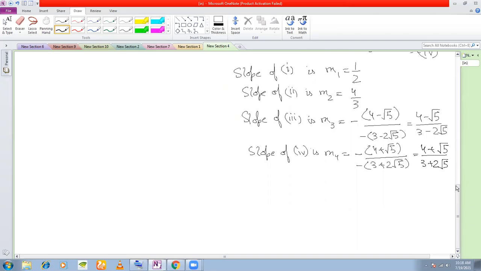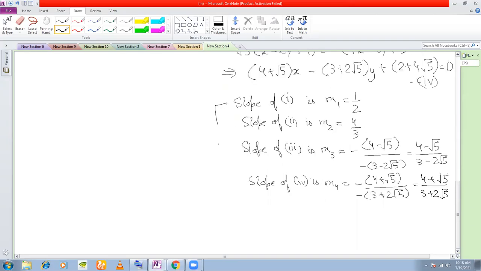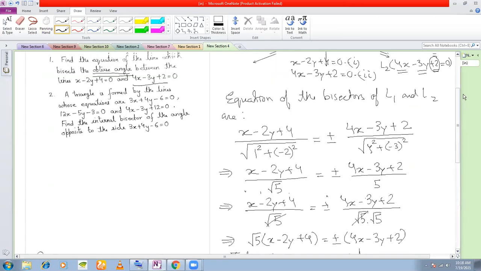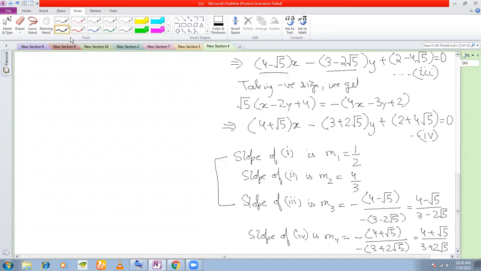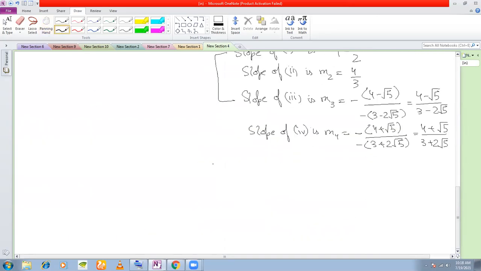Now we want to find out the angle between 1 and 3. That is, you want to find out this angle here. Okay, let's find out angle between 1 and 3, call this tan theta.